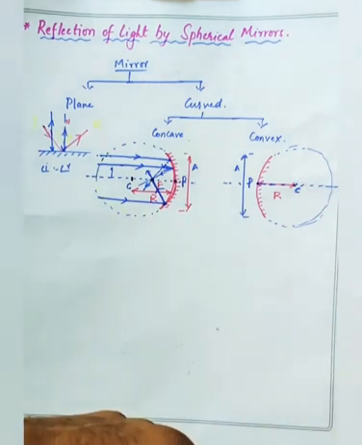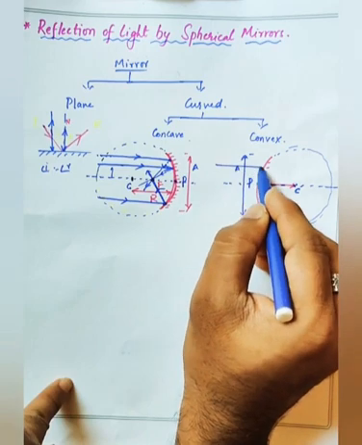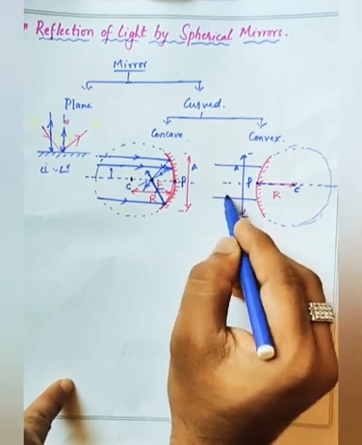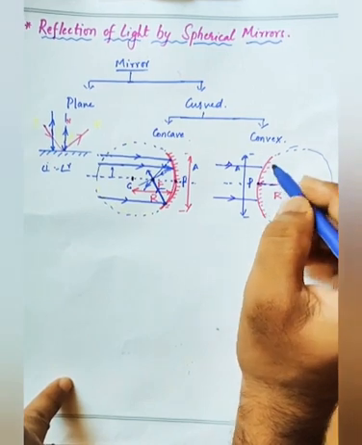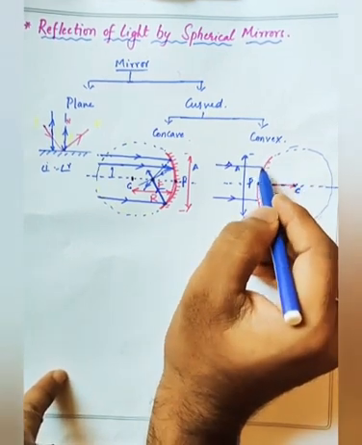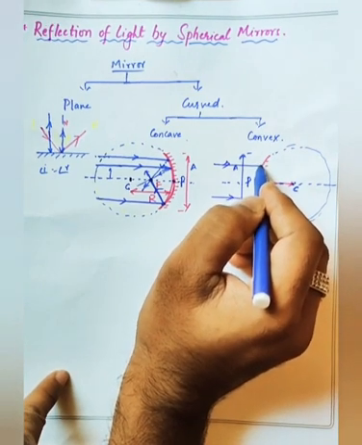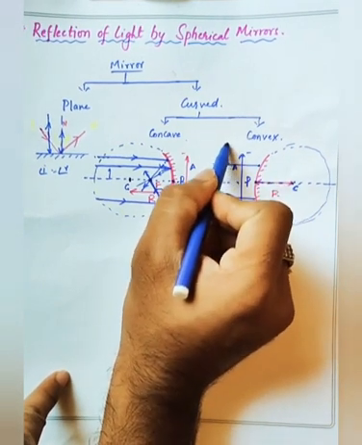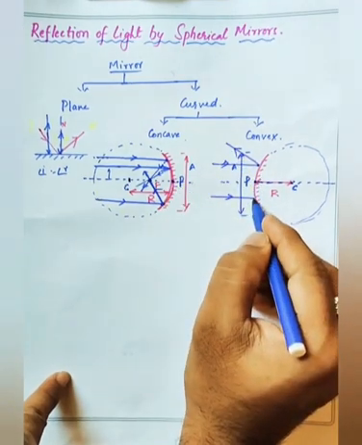What about convex? Again, if the rays are coming like this, since it is convex in nature, these rays are going to diverge. Instead of converging, they diverge like this, so the rays diverge away.